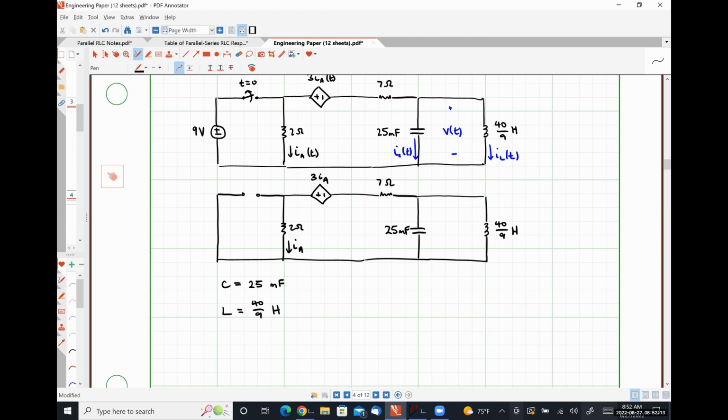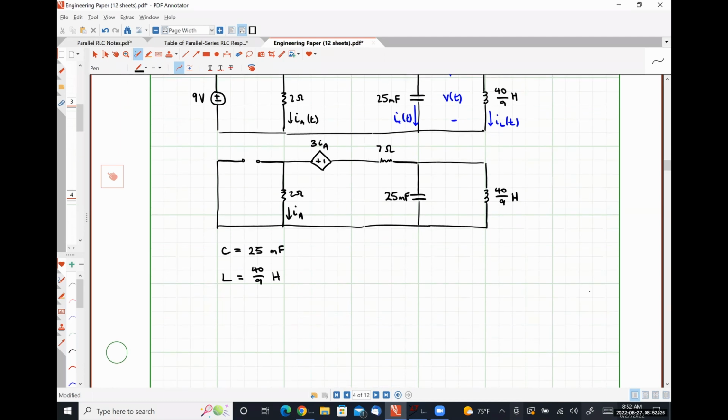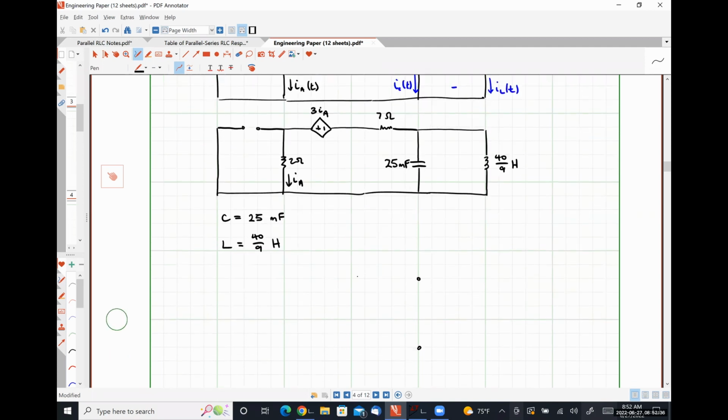So what we are going to do is determine the Thevenin equivalent resistance seen by our energy storage elements, the capacitor and the inductor. So we disconnect the capacitor and the inductor. So here are the terminals where the capacitor and the inductor were connected. I'm going to redraw the rest of my circuit.